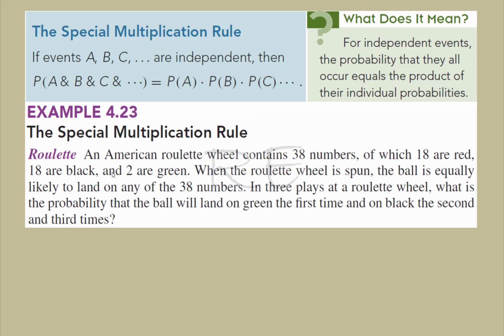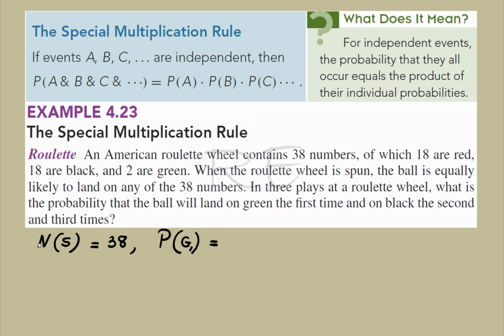In 3 plays, we need to find the probability that the ball will land green first, black second, and black third. The sample space has 38 numbers. The ball is equally likely to land on any of those 38 numbers.